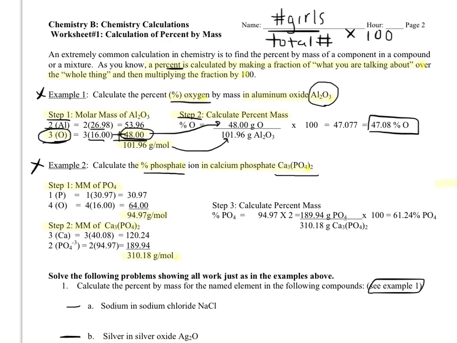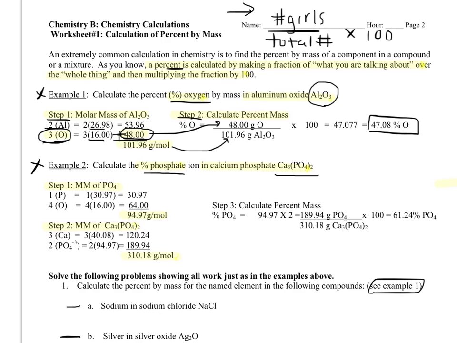Again, the basic idea is just like it was when we calculated the percentage of girls in a classroom. We're going to find the weight of the PO4 and put that on top. We're going to find the weight of the entire Ca3(PO4)2 and put that on the bottom. Then we multiply by 100. You just have to be really careful to consider all of the subscripts that are happening when we throw a polyatomic ion into the mix.